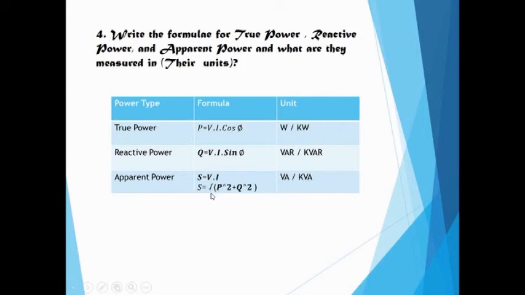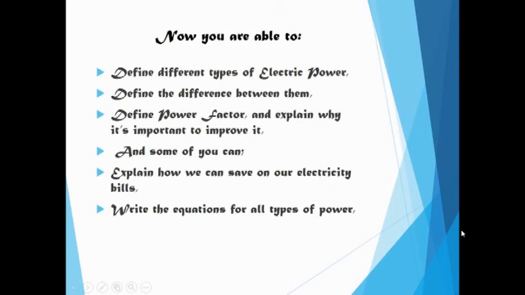Apparent power, S, is volt times current, and is measured in volt amps. And the other formula for it, if you have these two powers, true power and reactive power, and you want to find the apparent power, is basically using Pythagoras: square root of P squared plus Q squared.